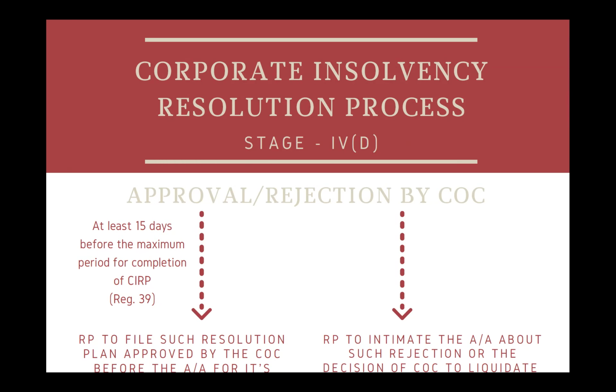That is the Chitra Sharma judgment, where the Supreme Court did not give any direction, but made a factual description that the resolution professional had only forwarded 5 compliant plans to the COC.